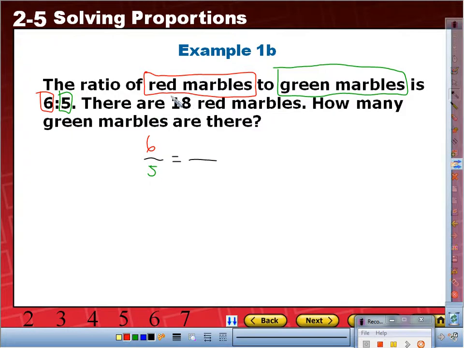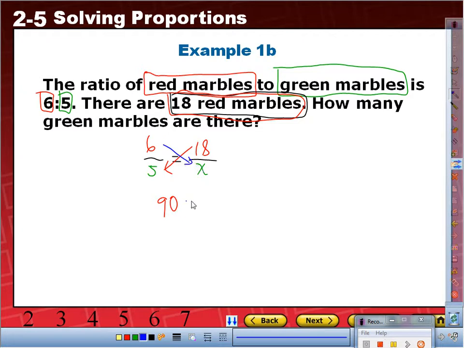It says there are 18 red marbles. How many green marbles are there? So let's see. So the 18 goes on the numerator. Is that correct? And the other one, we don't know what it is, so we label it X. So then, what is 18 times 5? 90.